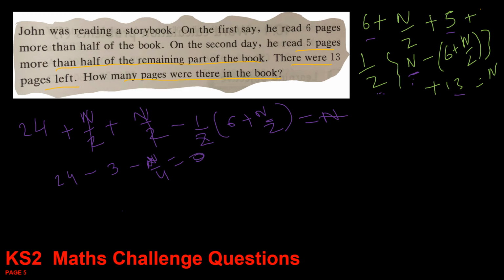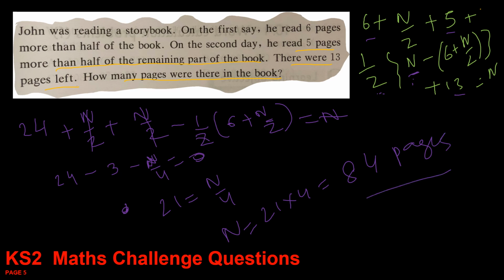So we get 24 minus 3 is 21 equals n by 4. So n equals 21 times 4, 84. So that's the answer, 84 pages.